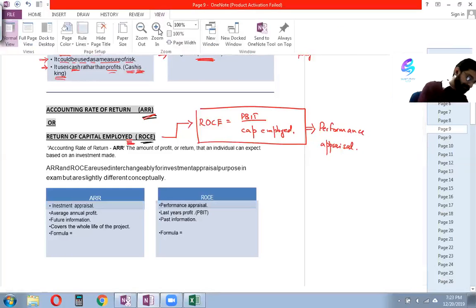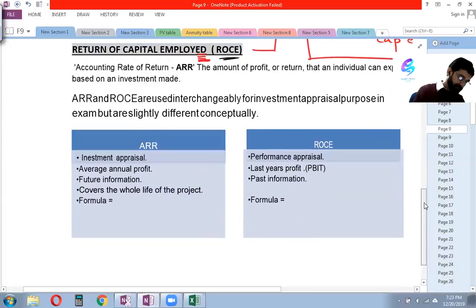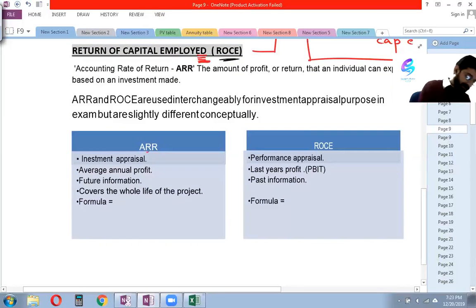Now, in your notes, I've actually made a few points. If you can see here, right? ARR and return on capital employed are used interchangeably for investment appraisal purposes in exams, but are slightly different conceptually, right? Return on capital employed, as we said, is for the past, so it is done for performance appraisal.